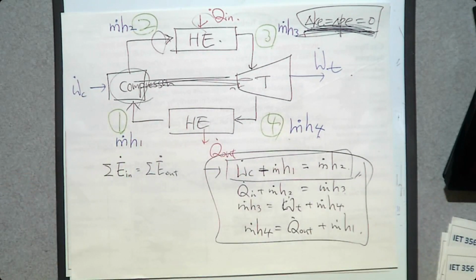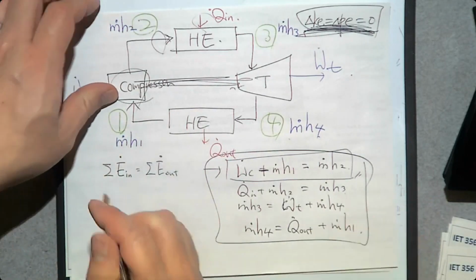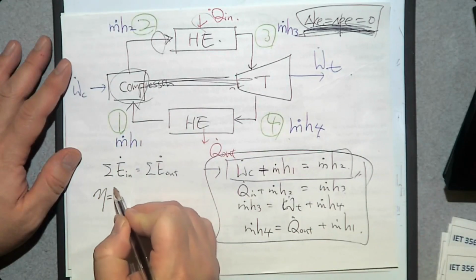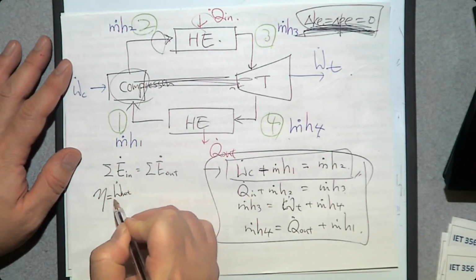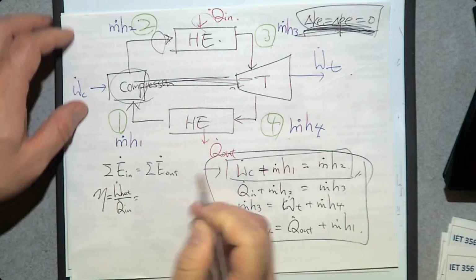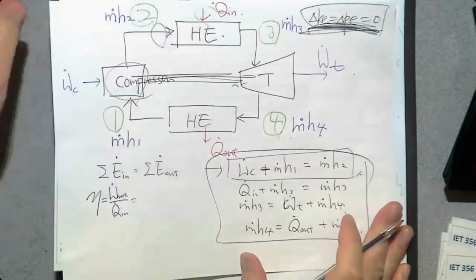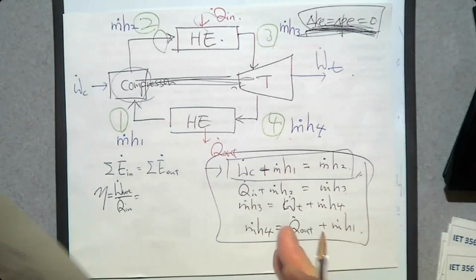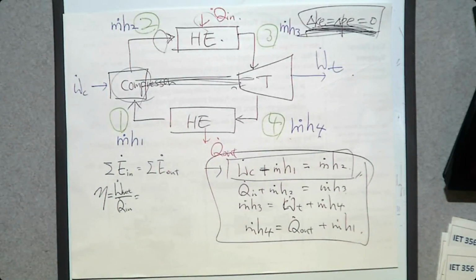How do we determine the thermal efficiency? The thermal efficiency can be determined by desired output over required input, so W net over Q in. How do we determine W net?